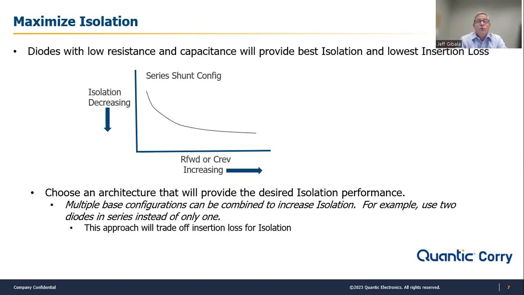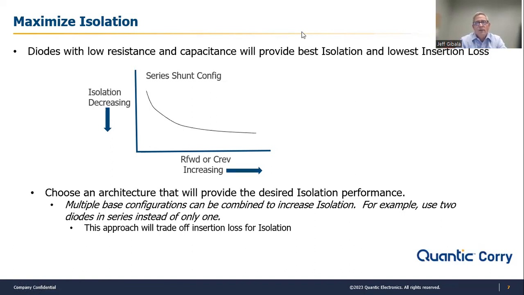For a specific frequency, as the forward resistance and the reverse capacitance increase, isolation will exponentially decrease. So the idea is to choose an architecture that will provide the desired isolation performance, and then the diodes that have the lowest forward resistance and the lowest reverse capacitance.